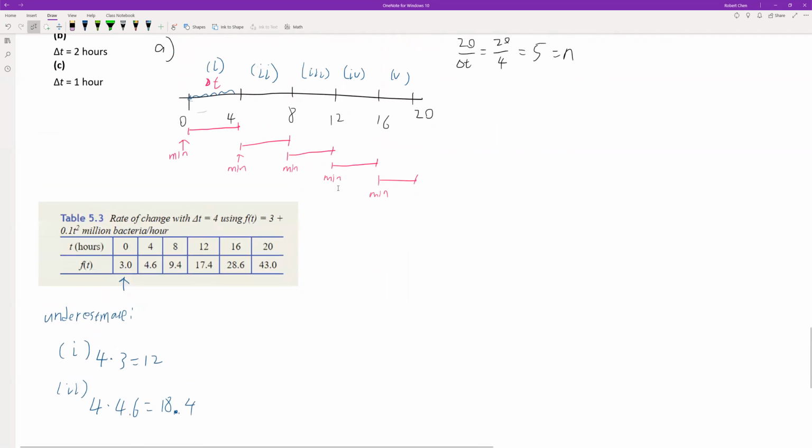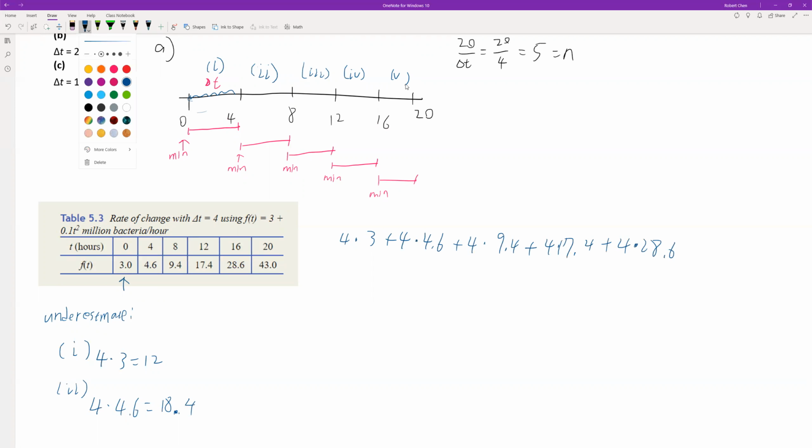To underestimate these, we're going to take the lower value of bacteria in each time frame. So we will have 4 times 3, plus 4 times 4.6, plus 4 times 9.4, plus 4 times 17.4, plus 4 times 28.6.